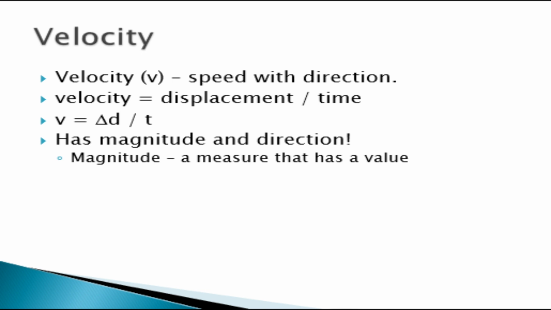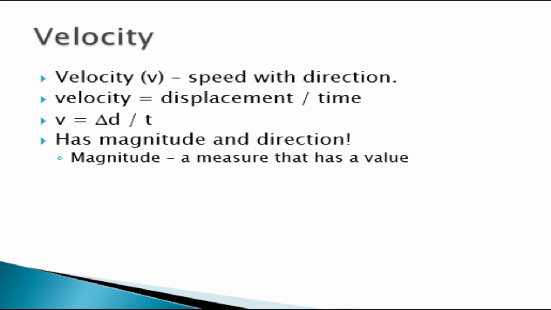When we calculate speed, we divide the distance by the time. But for velocity, we use displacement divided by time. Mathematically, v is equal to displacement divided by time, or delta d, or change in distance, divided by time.